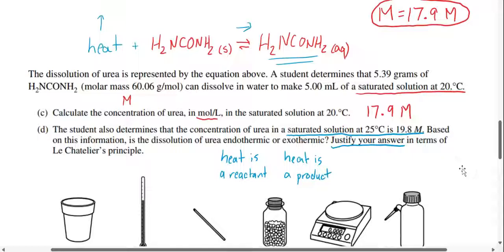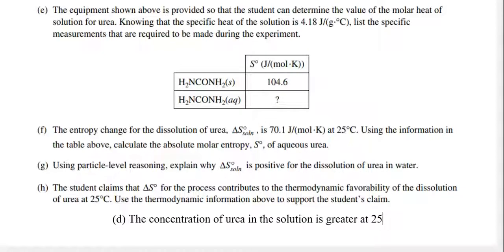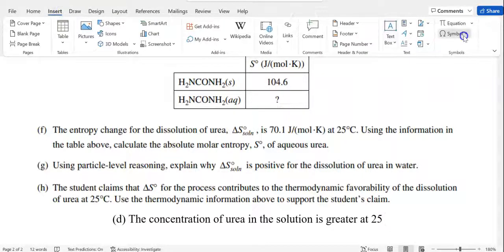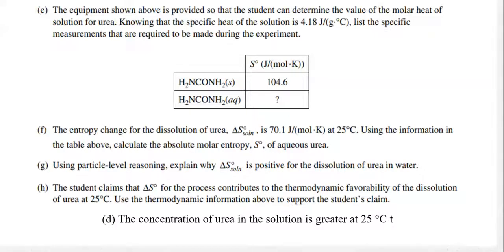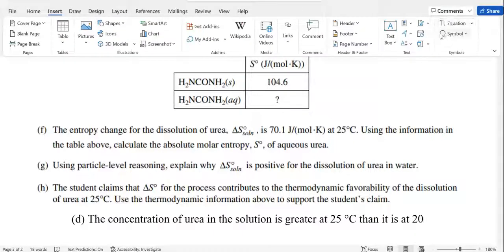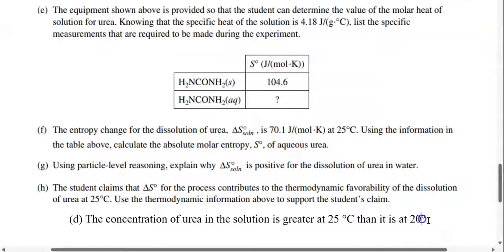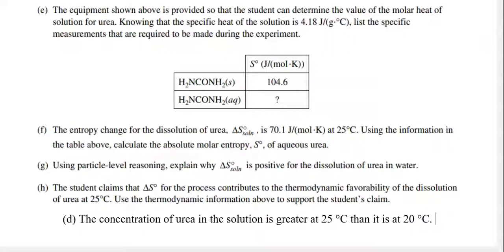So I would start by saying the concentration of urea in the solution is greater at 25 degrees Celsius than it is at 20 degrees Celsius.